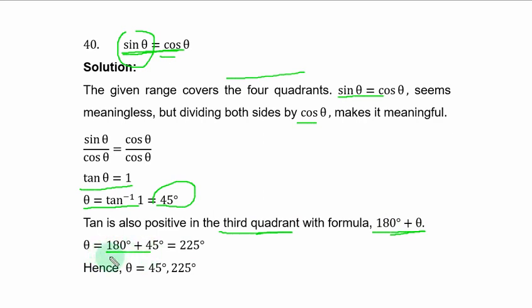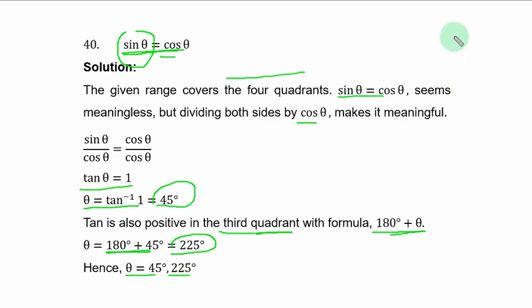So theta again becomes 180 degrees plus 45 degrees, and that is 225 degrees. Following the given range, you have theta to be equal to 45 degrees and 225 degrees.